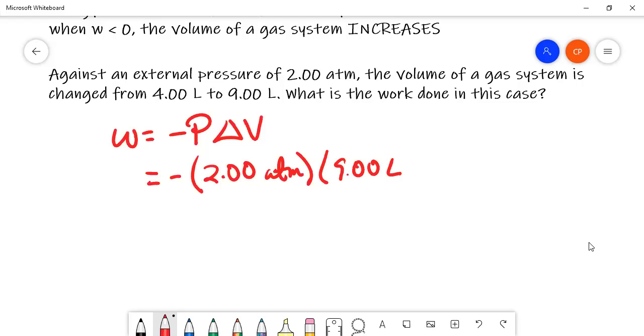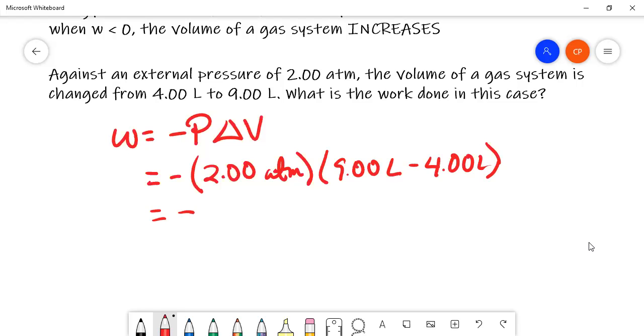So let me just write it explicitly like so. Okay? Now, 2 things. Number 1, I've got a negative, and the negative doesn't get canceled out anyway. The negative is still running around.